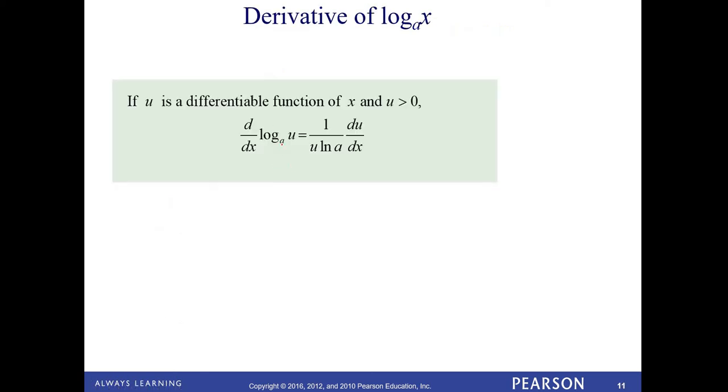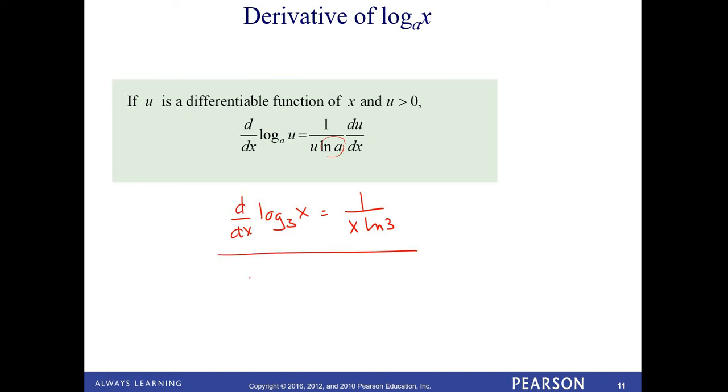If the base is not ln, again, we've got to deal with that ln a. This time it goes in the denominator. So again, looking at a simple one with a different base, d dx log base 3 of x would be 1 over x times ln 3 all in the base.